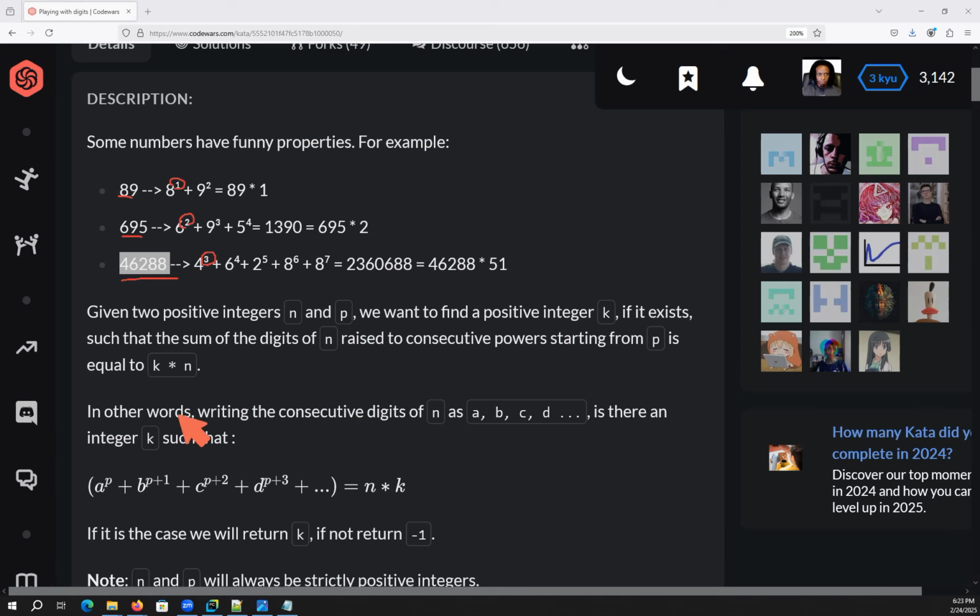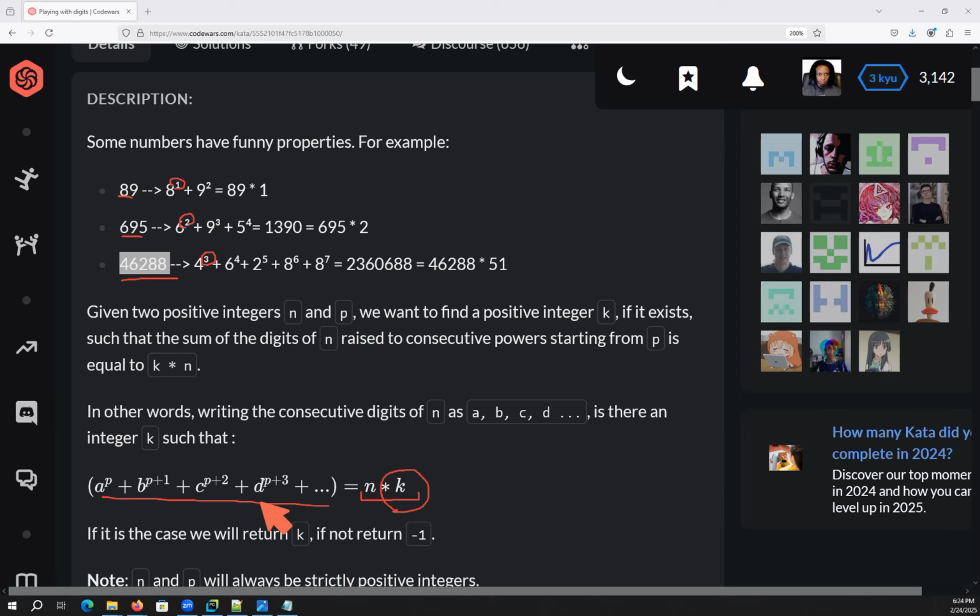In other words, writing the consecutive digits of n, there's an integer k such that, a little formula here, you raise the digits split to the consecutive powers, and my task here is to find the k, if it exists, such that when you raise these digits to the consecutive powers and add them together, there is some mystery number that you can multiply by your original n and achieve the result of the digits with consecutive powers.